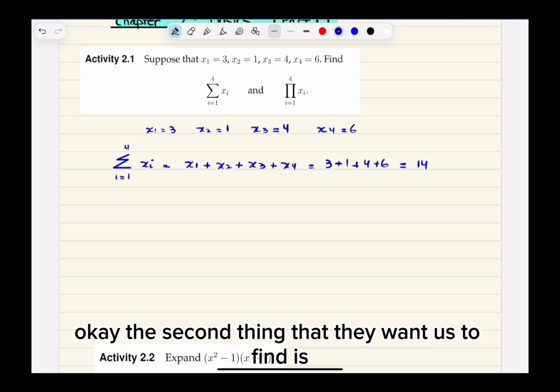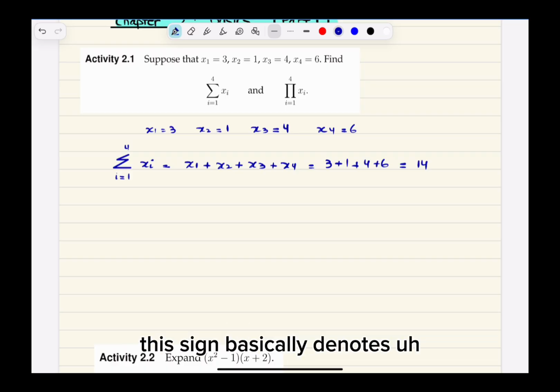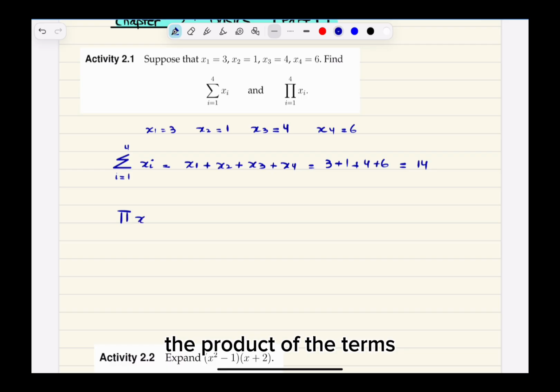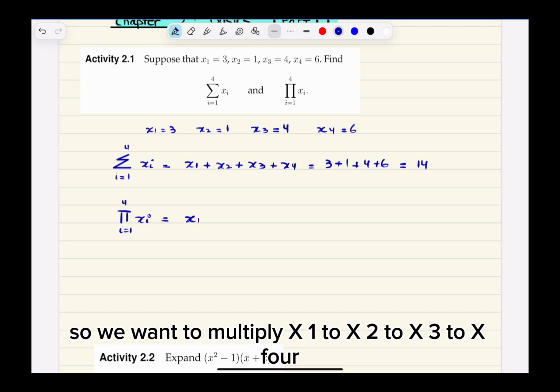Okay, the second thing that they want us to find is this sign, which basically denotes the product between terms. So they want us to find the product of the terms from the first term till the fourth. So we want to multiply x1 by x2 by x3 by x4.